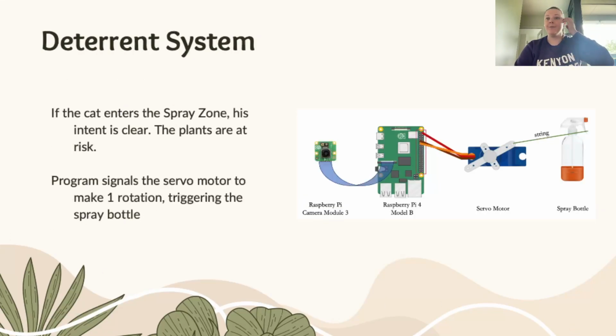If he does decide to go towards the plants and enter the spray zone, the servo motor is triggered to make one complete rotation, which pulls the string around the spray nozzle trigger taut so that it triggers the bottle, and then he's met with a little refreshing blast of water. If he doesn't enter the spray zone, the algorithm just waits, and it can wait indefinitely. I'm hoping that by not punishing him immediately he'll eventually learn not to make bad choices, but he's a cat, so my hopes are pretty low.